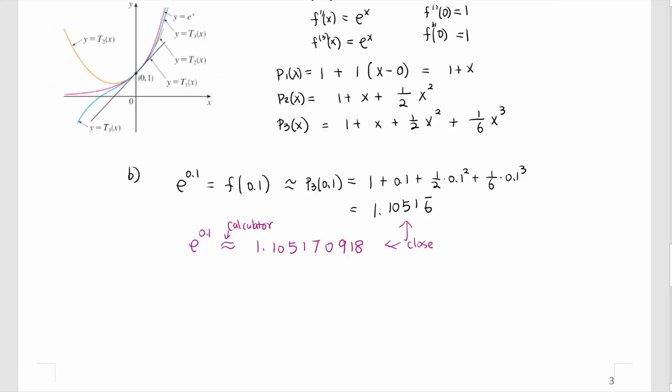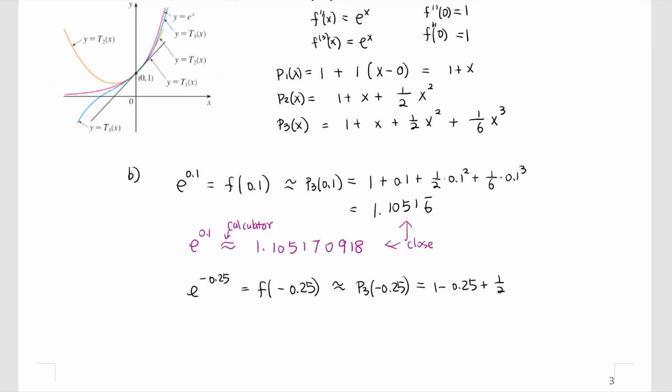Okay, and we need to compute e to the negative 0.25. So e to the negative 0.25, that is f of negative 0.25, approximately P3 of negative 0.25. So we plug in x is negative 0.25.